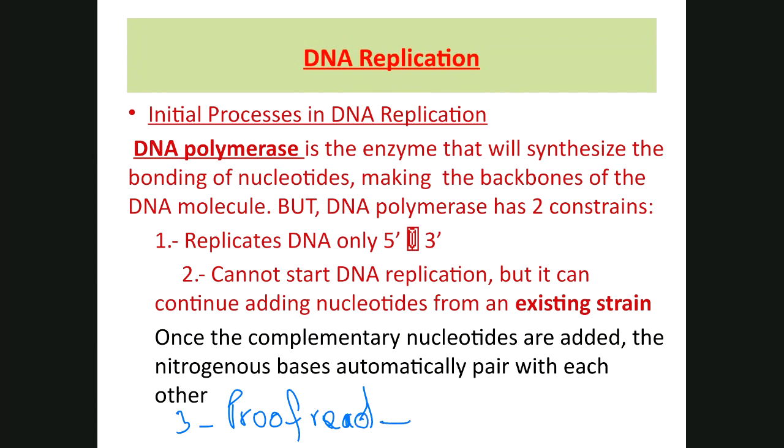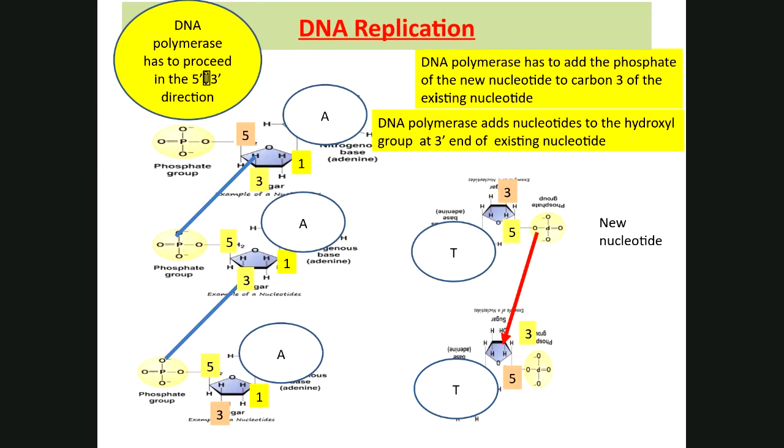It can check for mistakes and edit mistakes. And that is very important because it's telling us that the enzyme rarely, almost never, makes a mistake. Making a mistake would mean to match the incorrect base to the complementary base. Okay, that's what a mistake is in DNA language.